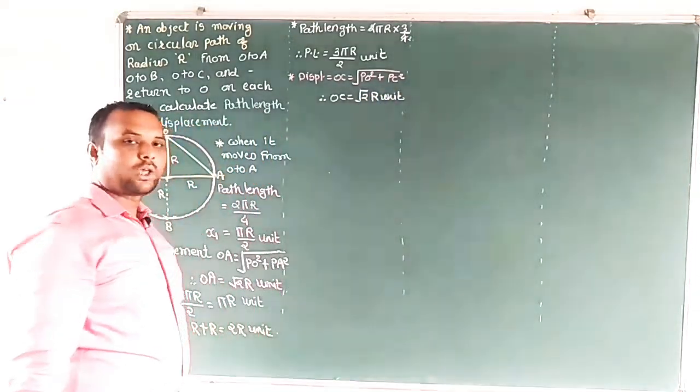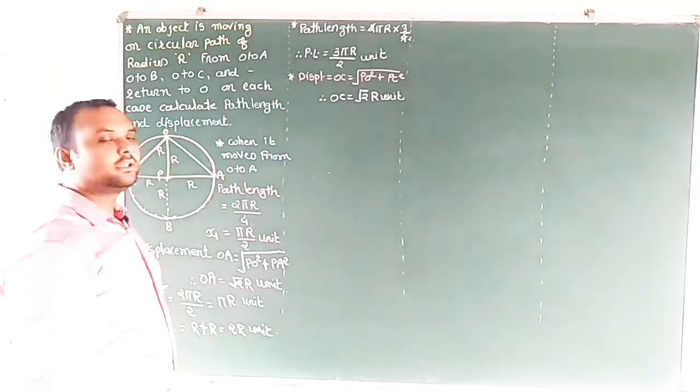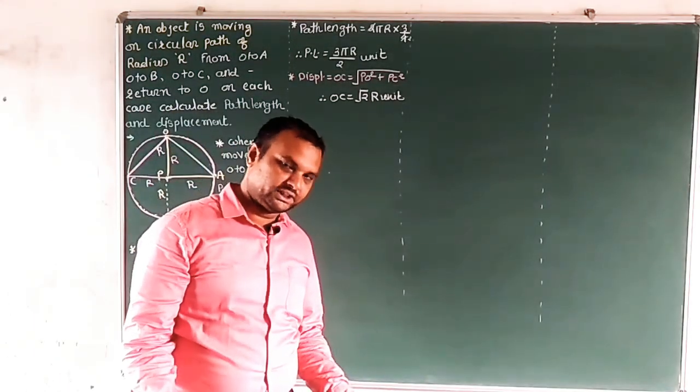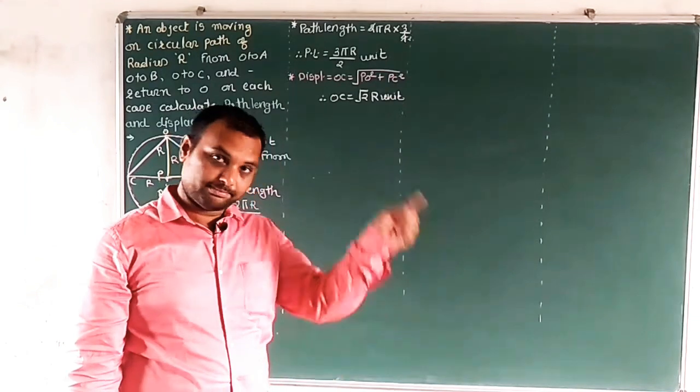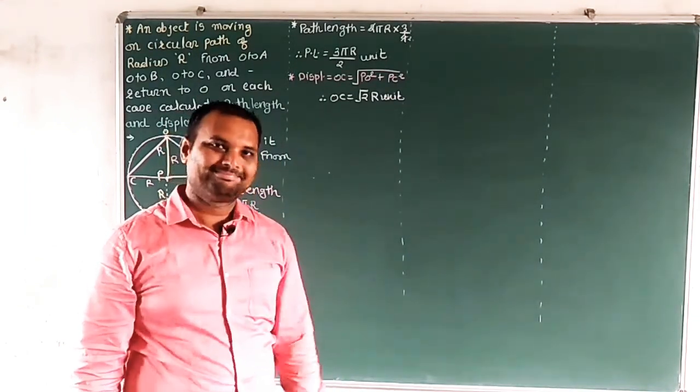Okay, final case, when it comes back to its original position O, at that time path length कितनी हो जाएगी, भैया कंप्लीट सर्कल हो चुका है, and displacement 0। Why?